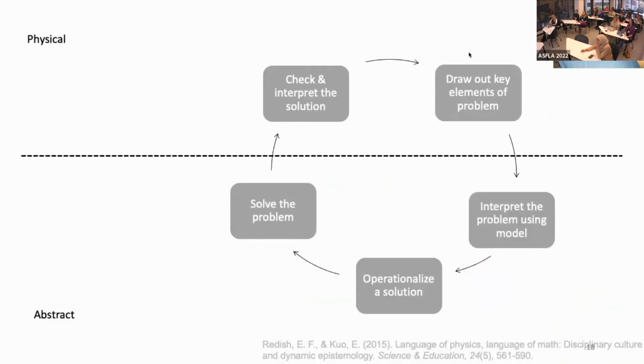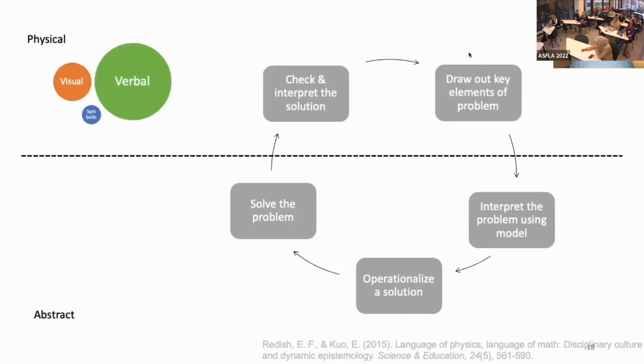The upper 2 stages are the physical stages, which connect our thinking to the concrete, physical world. But the lower 3 stages involve modeling, equations, and solving using math. They are abstract stages, involving abstract mathematical structure.